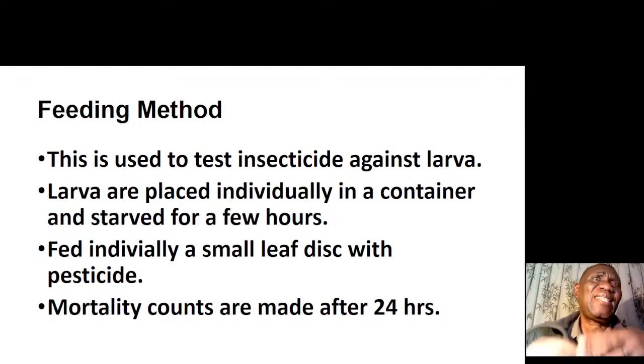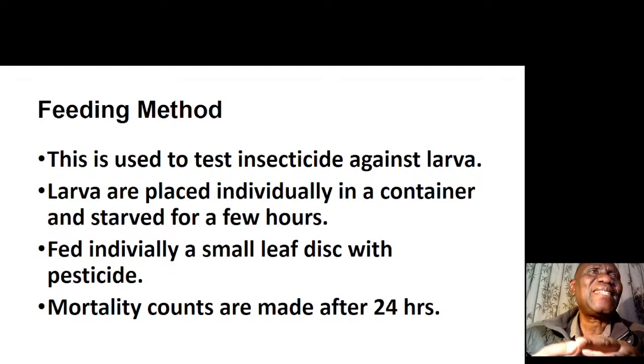There is also the feeding method. This is used to test insecticide against larvae. Larvae are placed individually in a container and starved for a few hours. You make them hungry so that when you introduce your poisoned food, they will have no alternative except to eat what is available.